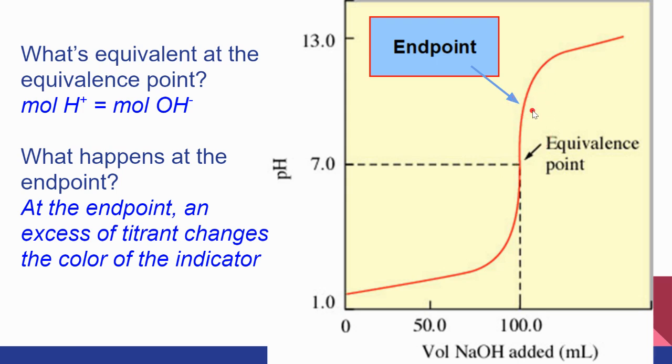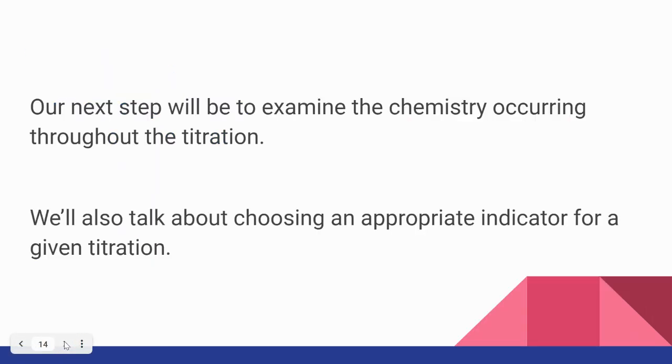That's about 1 drop past the equivalence point, an excess bit of titrant's added. There's no more acid for it to react with, so instead it reacts with the indicator and changes the color of the indicator. So our next class, we're going to look at the chemistry that's occurring throughout the titration, and we'll talk a little bit about choosing a proper indicator for a given titration.